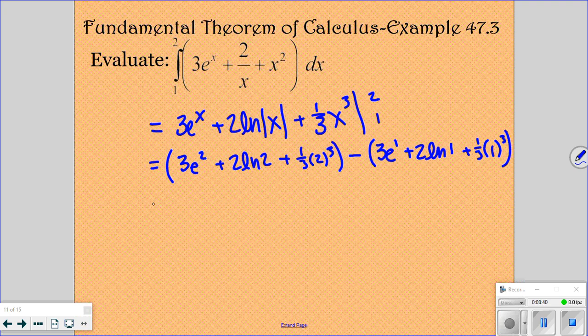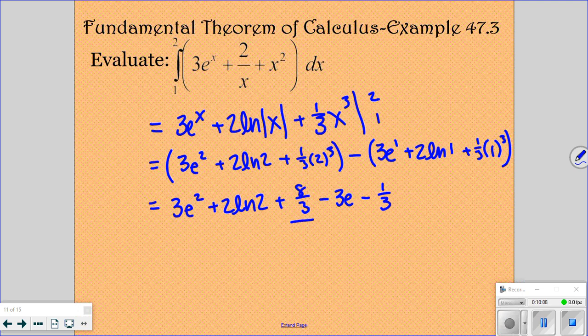From there, you're just going to simplify. So 3e squared is 3e squared. 2 ln of 2 is 2 ln of 2. And then plus 8/3 minus 3e to the 1. ln of 1 is 0, so 2 times 0 is 0, and then we have minus 1/3.